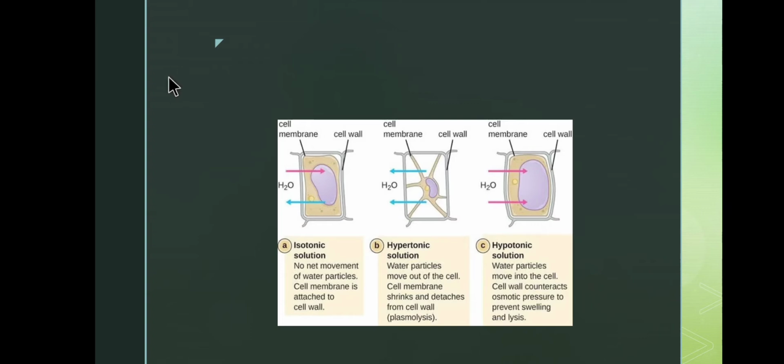When the concentration of solution outside the cell is more in comparison to that present in the cell, that solution is termed as hypertonic. That means more amount of solute and less solvent.